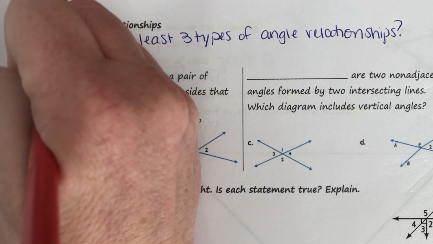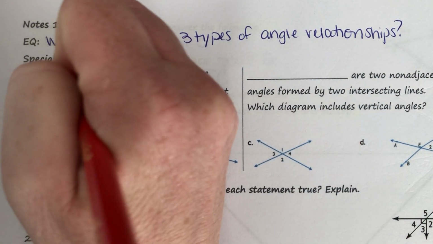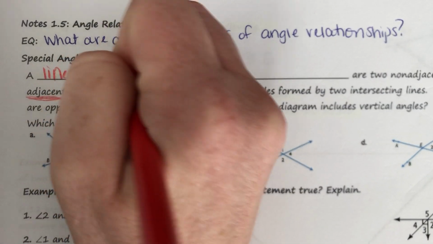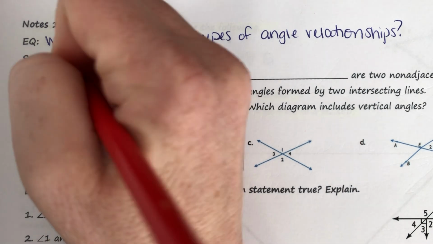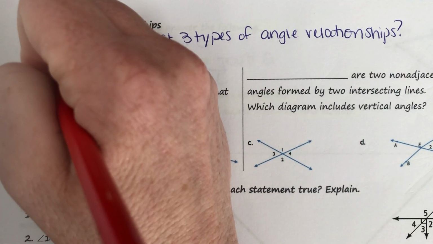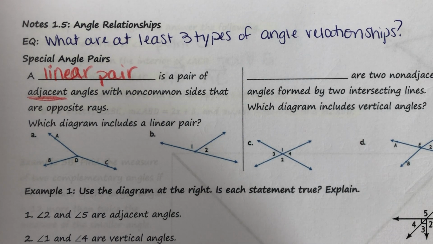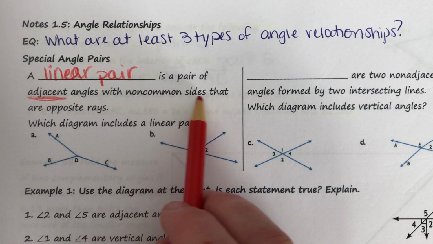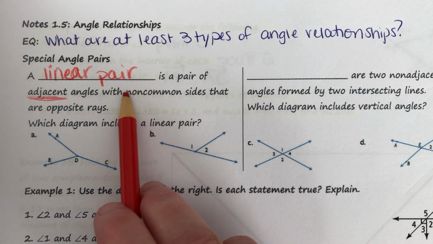Okay, what? Well, first I'll tell you that the answer is linear pair. L-I-N-E-A-R pair is a pair of adjacent angles with non-common sides, meaning the sides that they don't share, right?